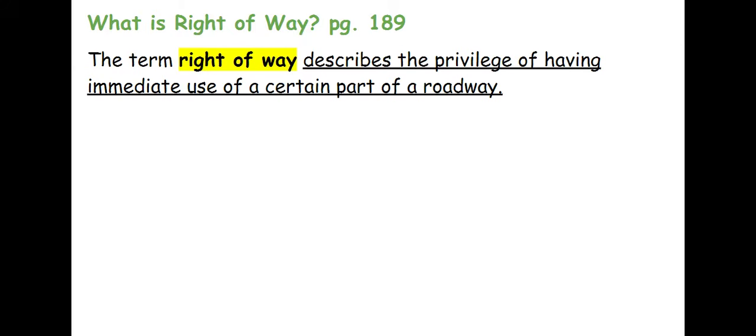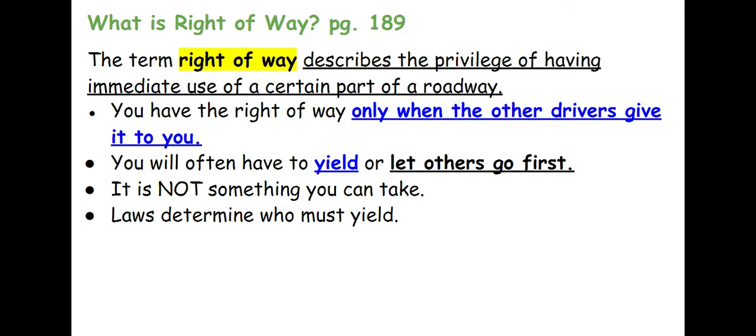What is right of way? Right of way is defined as the privilege of having immediate use of a certain part of a roadway or intersection. You have the right of way only when the other driver gives it to you.